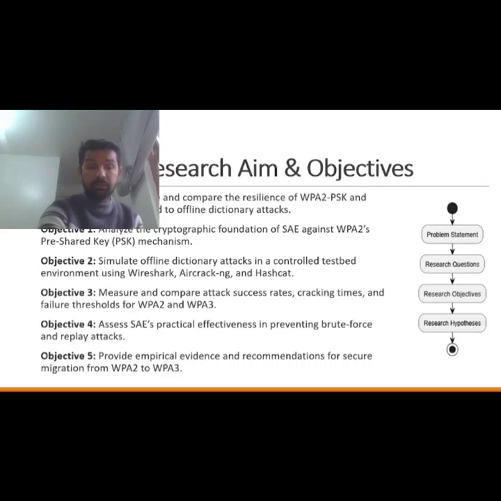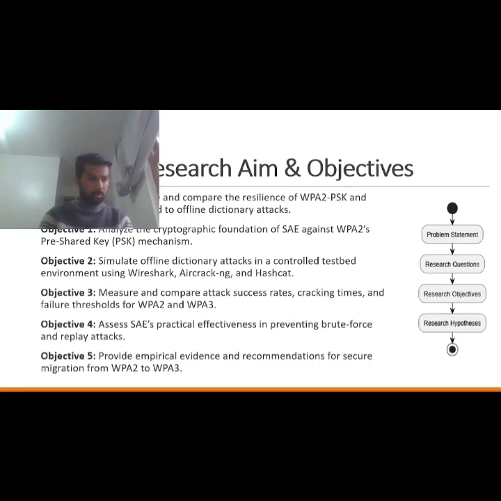Our research aim and objectives. Our aim is to test and compare how WPA2 and WPA3 protect against the offline dictionary attack.